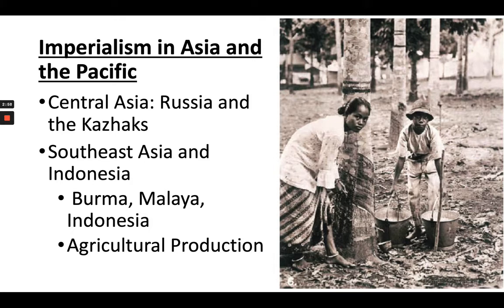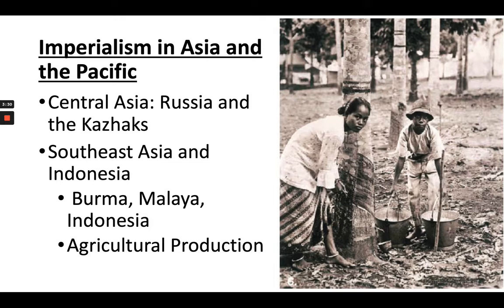In Southeast Asia and Indonesia, Burma, Malay, Indochina, aka Vietnam, and northern Sumatra, which is one of the Indonesian islands, were conquered in stages between 1850 and the early 1900s. Only Siam remained independent. All of these areas had really fertile soil, a favorable climate, and highly developed agricultural systems in place.